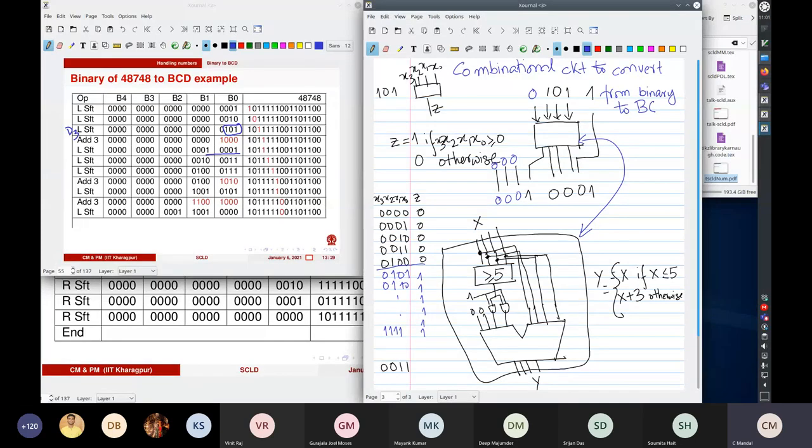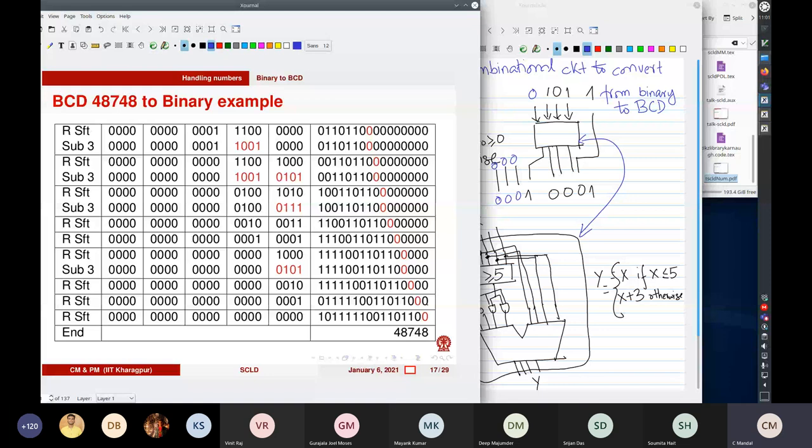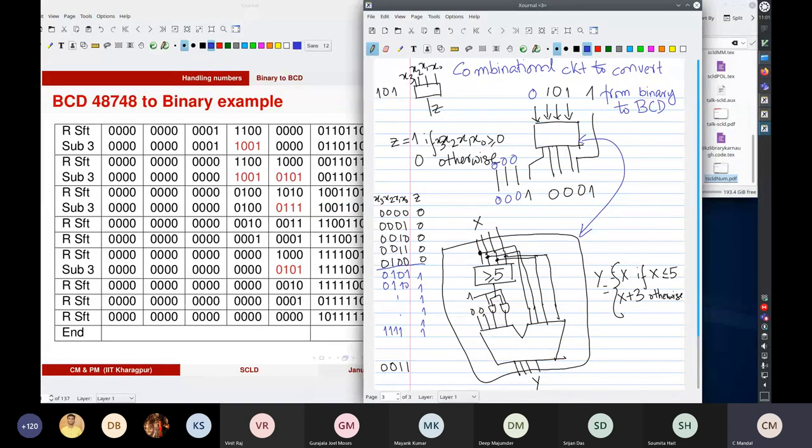All right. So you can take it as an exercise to convert, let us say, 8 bits of binary to BCD.